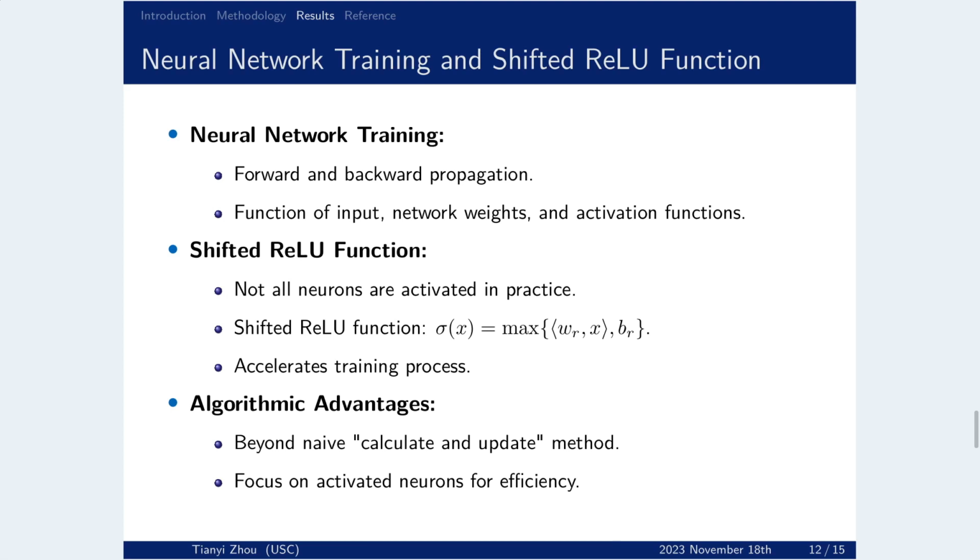The shifted ReLU function is defined as follows: sigma(x) is the maximum between the inner product of w_r and x, and b_r, where w is the weight and b is just a threshold. This definition is useful in speeding up the training process.